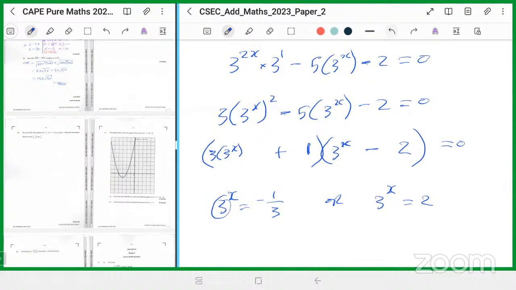So this one has no answer. Another way to look at it is that to get this x out of the power, you have to take logs of both sides. You would have to take log of this side and log of this side. But you can't find the log of a negative number. So any way you want to look at it, that is not valid.